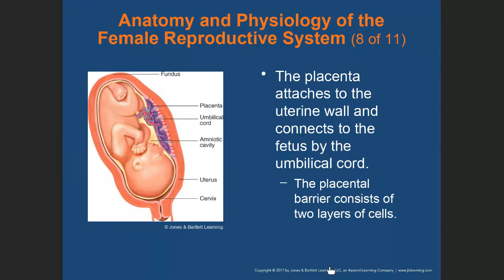The placenta attaches to the uterine wall and connects to the fetus by the umbilical cord. And the umbilical cord has 3 vessels, 1 vein, 2 arteries. Arteries move blood away from the fetus to the placenta, and the veins carry blood from the placenta to the fetus.